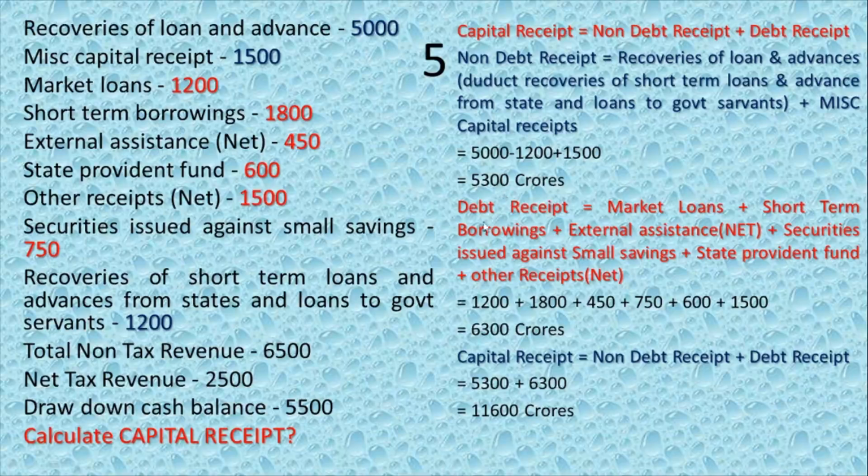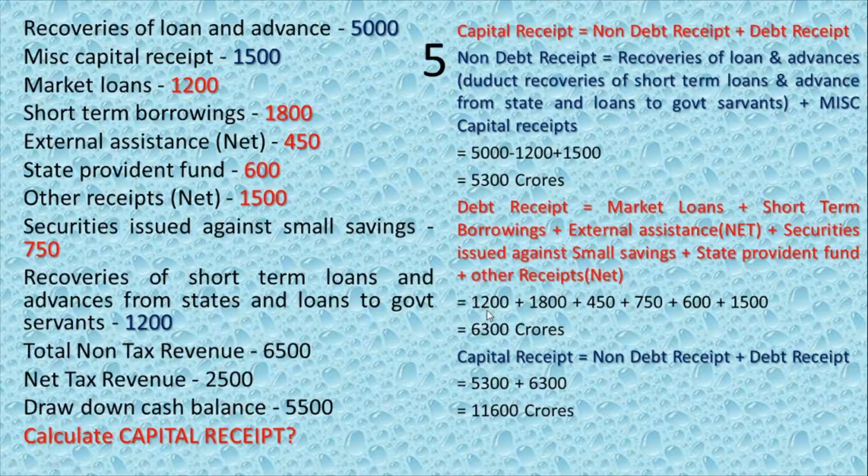So next, debt receipt. Debt receipt is given by the formula market loans, then short-term borrowings, and external assistance. External assistance is also a debt receipt, and securities issued against small savings is debt receipt, and plus state provident fund is debt receipt and other receipts net.